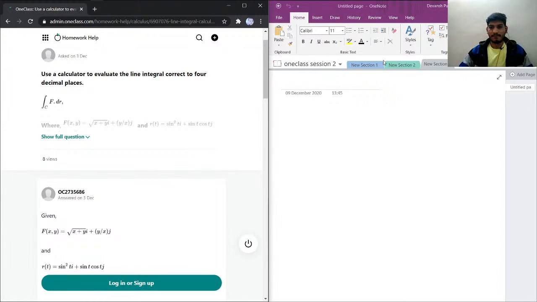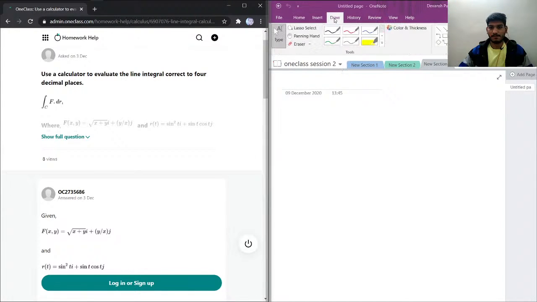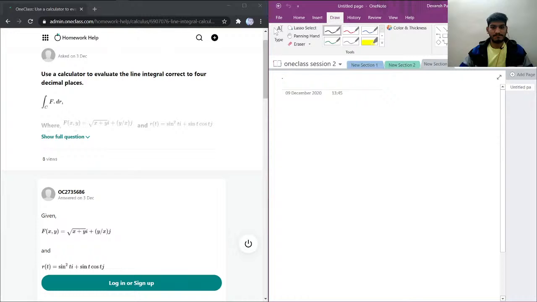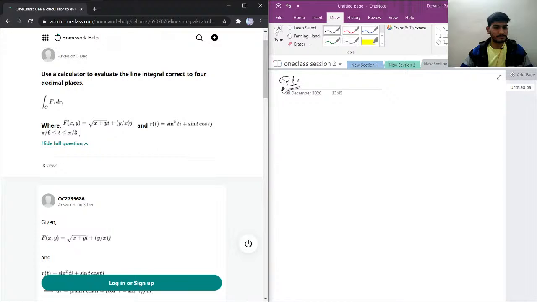So here we have the question. Question number one. Use a calculator to evaluate the line integral correct to 4 decimal places.